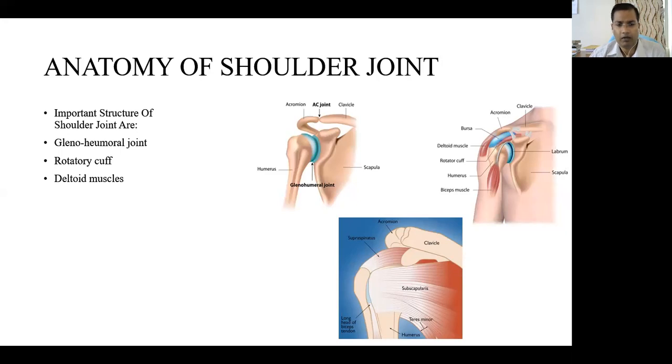Along with these, a very important muscle is the deltoid, which gives strength to the shoulder joint and prevents dislocation. So the important structures are the rotator cuff, deltoid muscles, and the glenohumeral joint. In the bones, the scapula has the glenoid cavity and the head of the humerus; these are the two important structures in the shoulder joint.